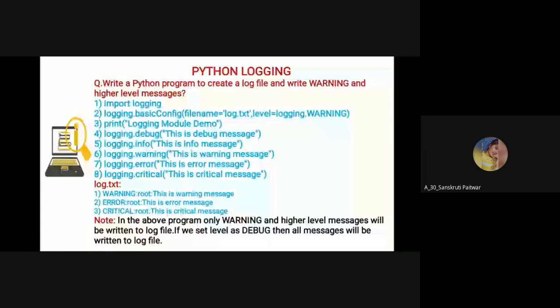So once this program is executed, log.txt file will be created, and in that file you can see warning, error and critical. So 3 messages will be there because the current level is logging.WARNING.